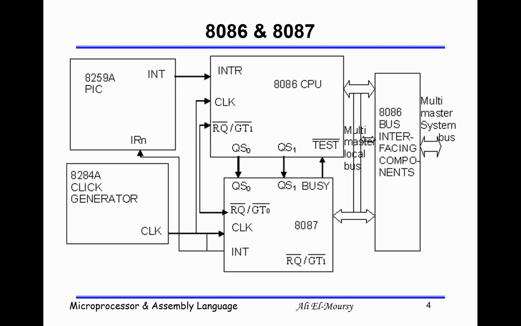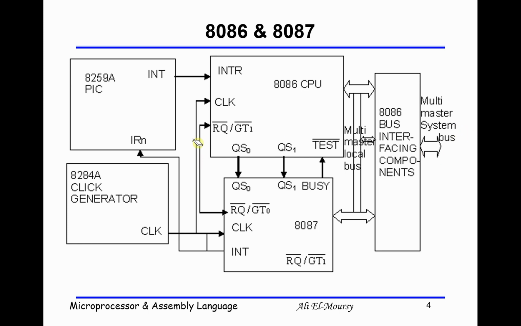Slide 4 just shows in hardware how the two processors are connected. We have the 8086 processor shown here, and it is connected through different wires and buses to the 8087 processor here. Both are connected through a bus, which connects the whole chip to the system bus that connects the chip to the memory.